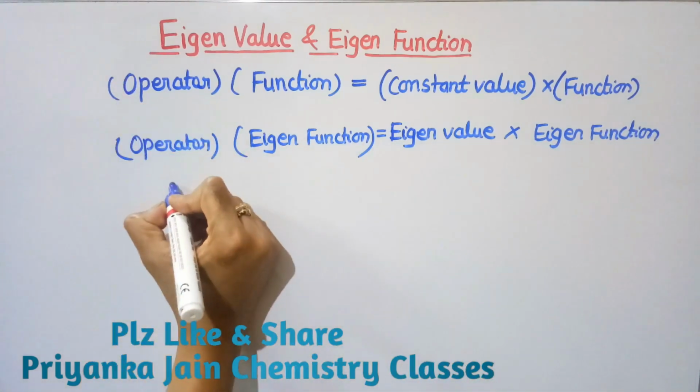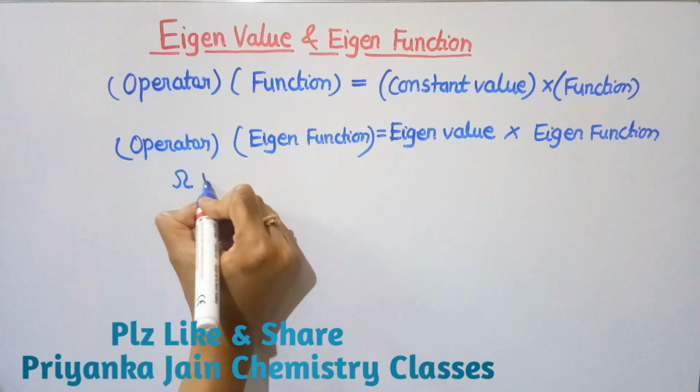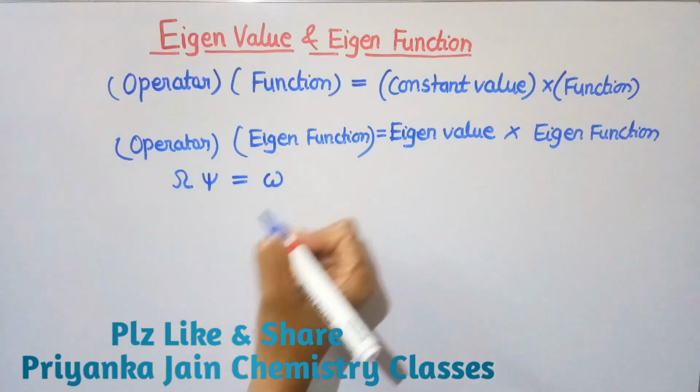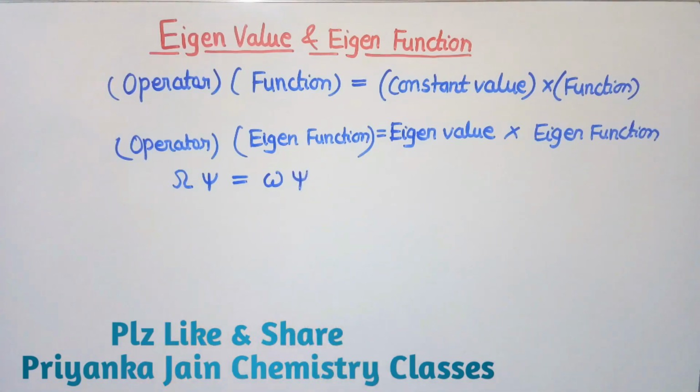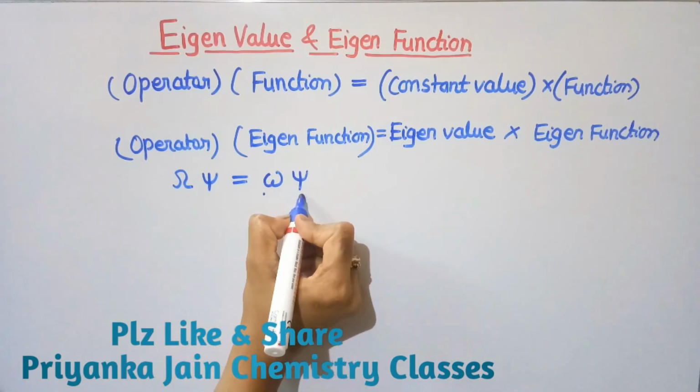If we write the operator in this way, we can write it like this: omega psi equals a psi. This is called the eigenvalue and this is called the eigenfunction.